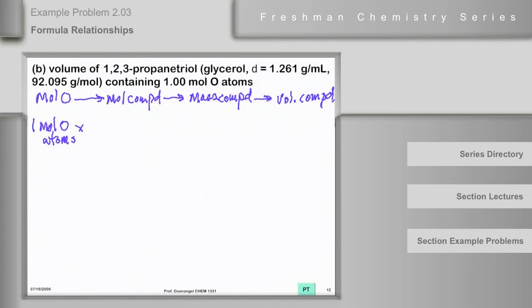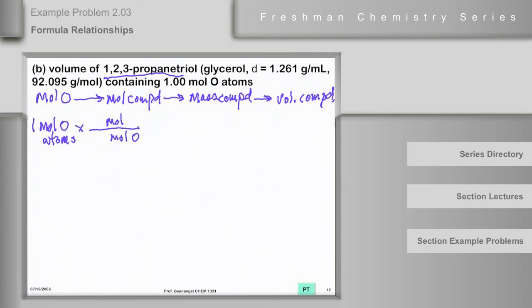We have to have the formula of this, because over here we're going to need to have moles of oxygen under moles of compound, whatever it is. So, how do we solve that? Well, let's look at the name. We'll take the name, we'll draw the structural formula, and then we'll get the molecular formula. And that's what we use to get this conversion factor.